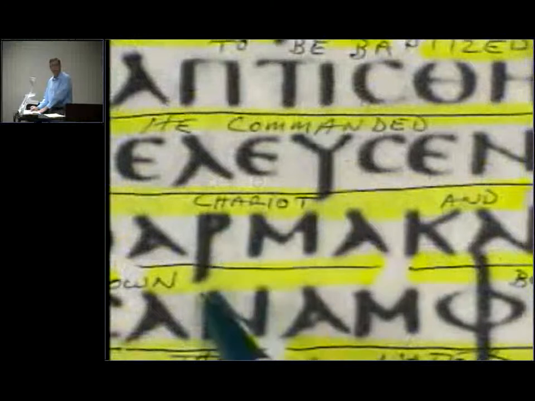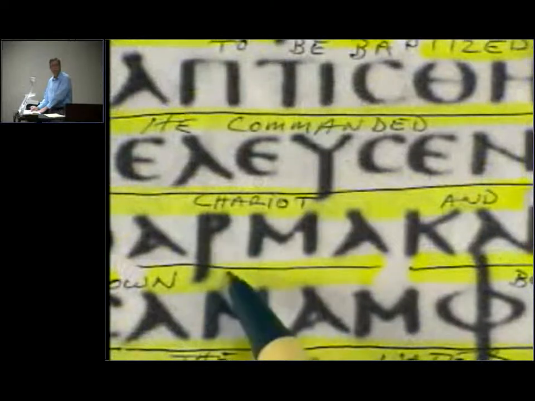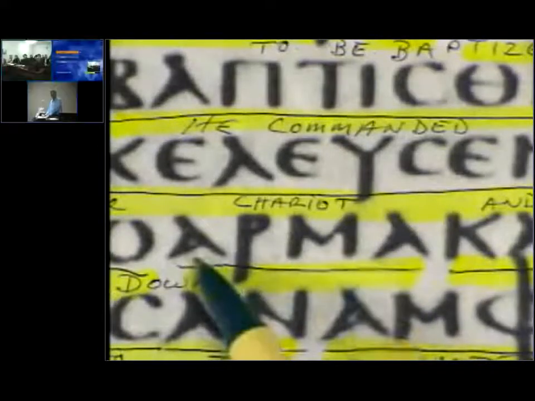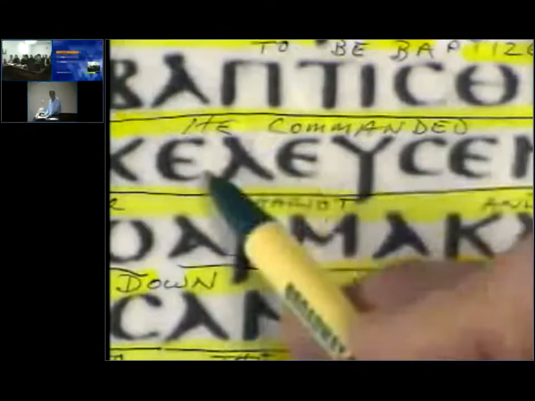We can still recognize a rho right here, rho, and we can see the mu, but this is an alpha, and this is an alpha. This word arma means chariot, and this is a lambda.